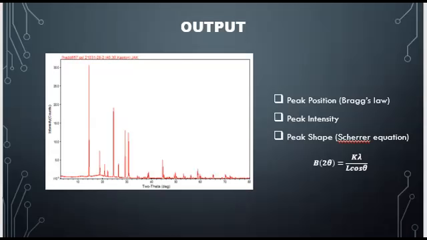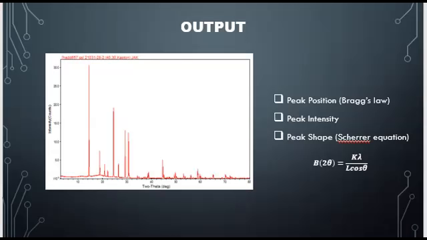The peak intensity is based on counts, which is the number of X-rays detected for a given peak position. The intensity is determined by the atoms that are present in the diffracting planes. Thus, the intensity gives insight into the elements that are present in the sample.